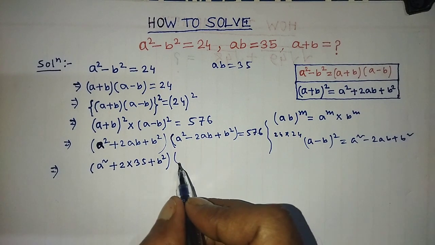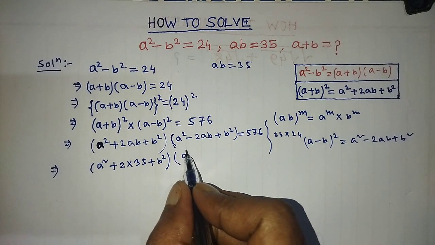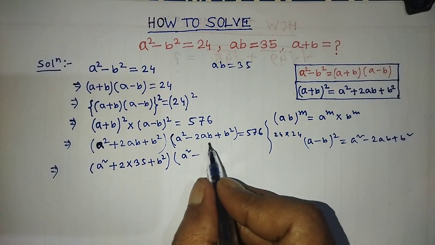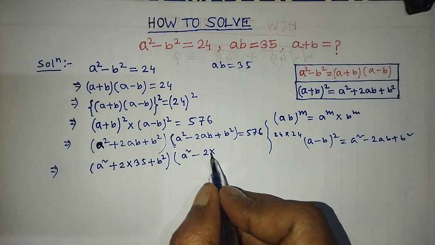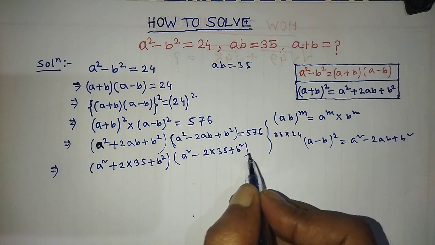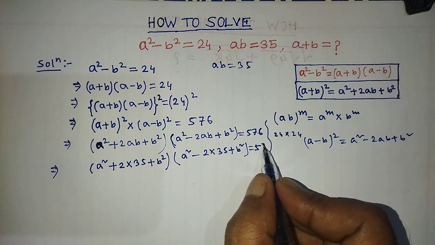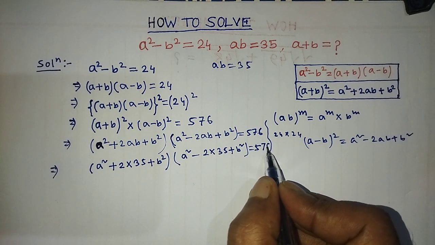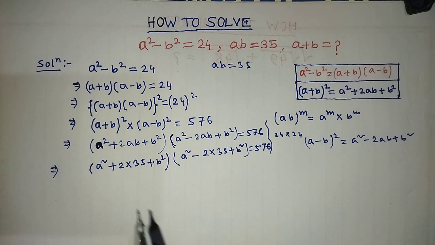Similarly we can write a square minus 2ab, that means 2 into 35, plus b square is equal to 576 on the right hand side of this equation.